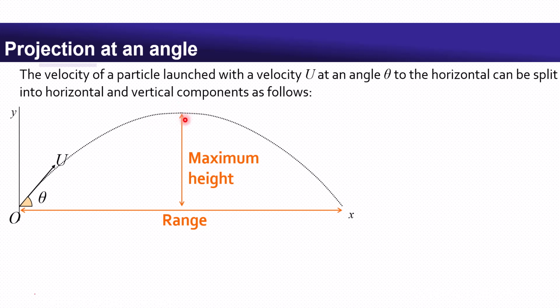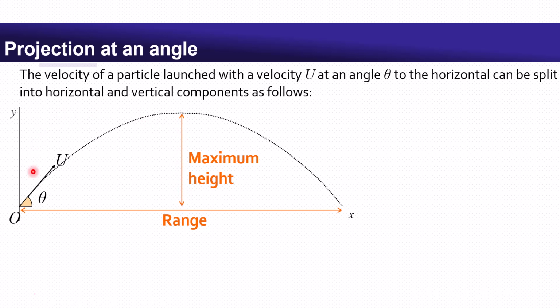Whenever you throw a particle upwards, the force of gravity acts on it, and it reduces its velocity until that velocity becomes 0. And then at that point, the particle starts moving back to the ground. So this displacement will always be the maximum height.